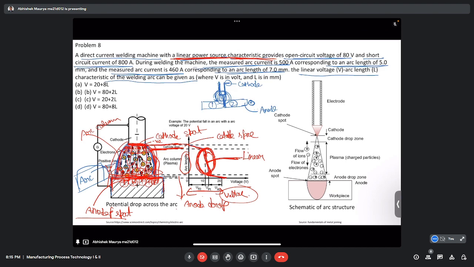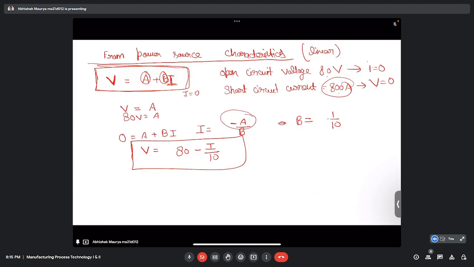So now we will write the same kind of equation for the arc voltage characteristics.